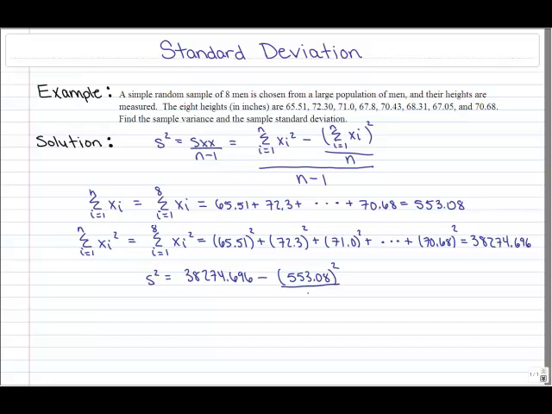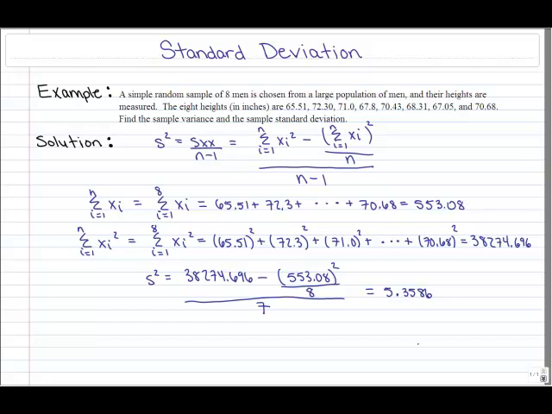We divide that by n, where n is 8, and we divide all of this by n minus 1, so that would be 7. Once evaluated, it should work out to 5.3586.